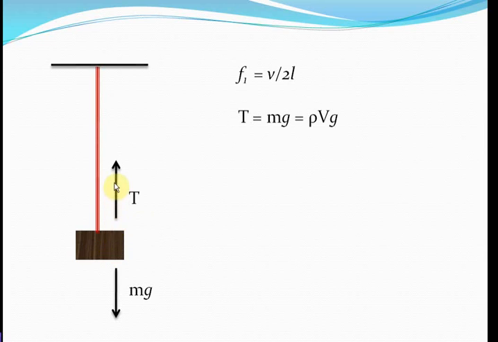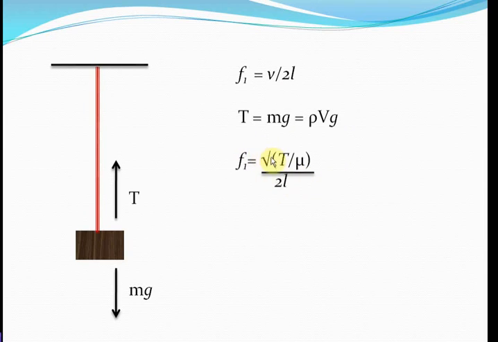As you can see, the tension T acts upwards and the weight mg acts downwards. So clearly the tension T is equal to mg, and since the density of the object is given, we can say that density into volume is mass, or the tension in the string is ρVg.